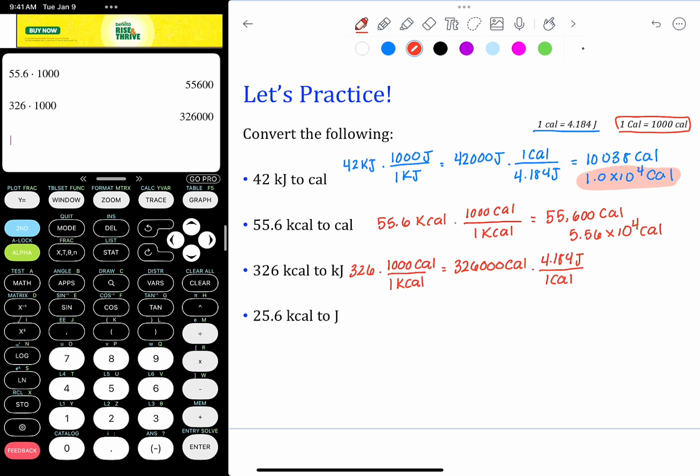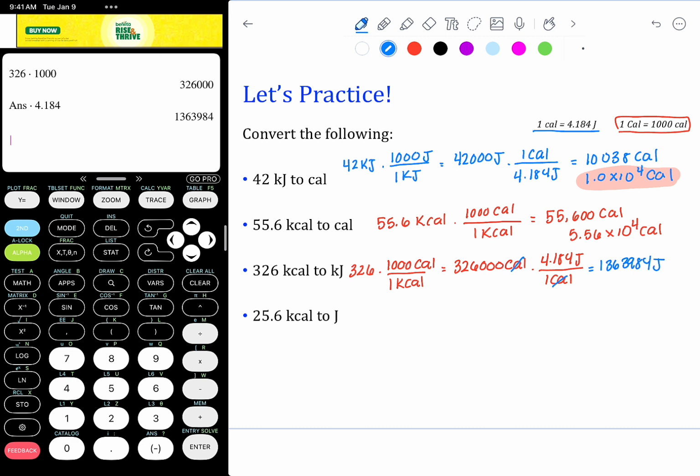Once we have calories, we can then convert to joules using our 4.184 on the top and 1 calorie on the bottom, so calories cancel. So we have calories here, calories there. So we'll take that 326,000 and multiply it by 4.184. So we get 1,364,384 joules.